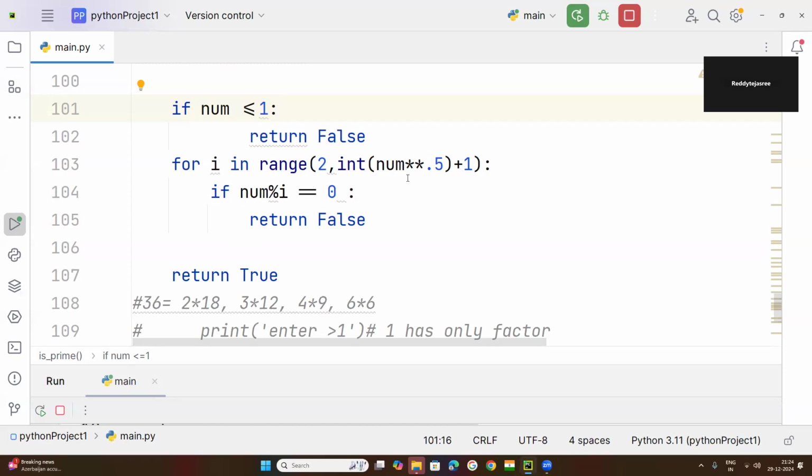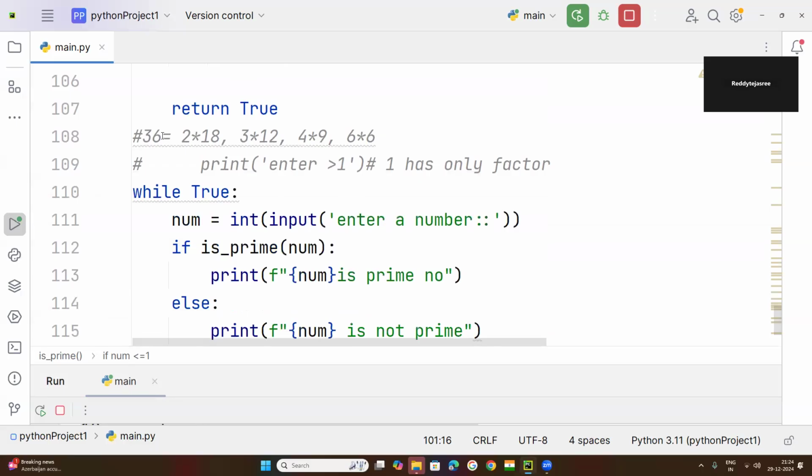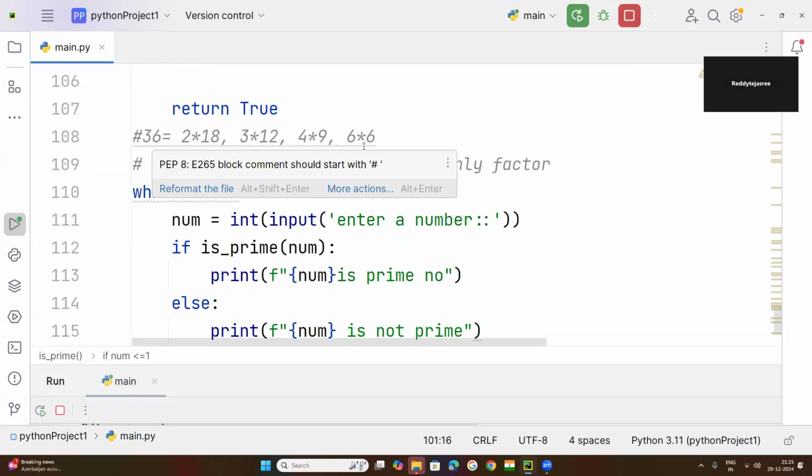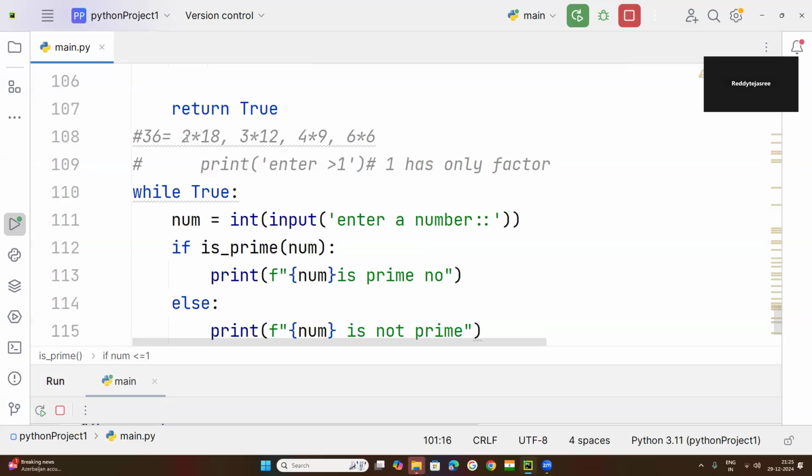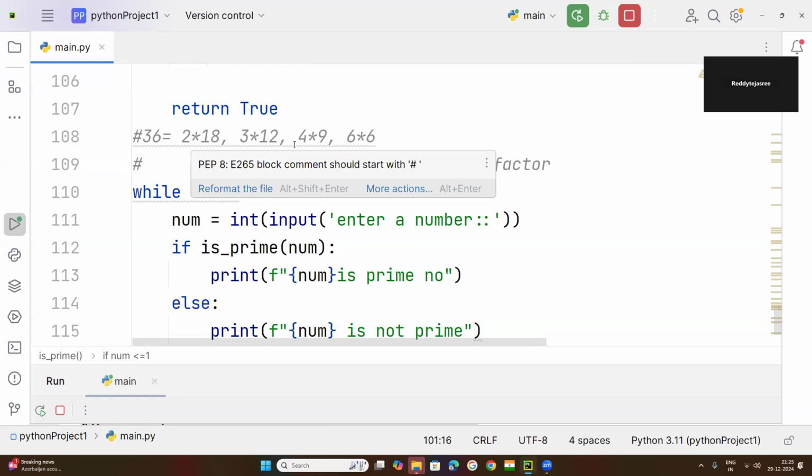So what happens while finding a prime number: if the square root of anything, like I have taken 36, the square root of 36 is 6. So see, if any number has a factor larger than this square root, then if it is divisible between 2 and the square root, it is called divisible.